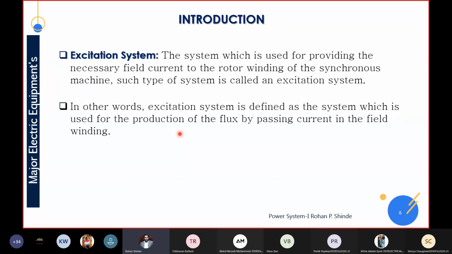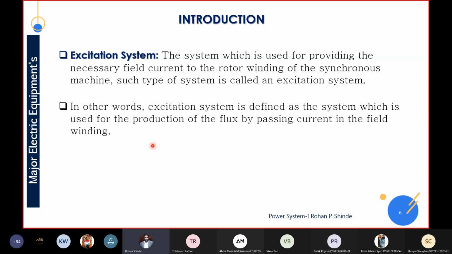When we move the conductor, it cuts the magnetic field. That means magnetic field and conductor have some relative motion. Whenever conductor and magnetic field have relative motion, it induces EMF. So three important things are magnetic field or flux, conductor, and relative motion for the production of EMF.